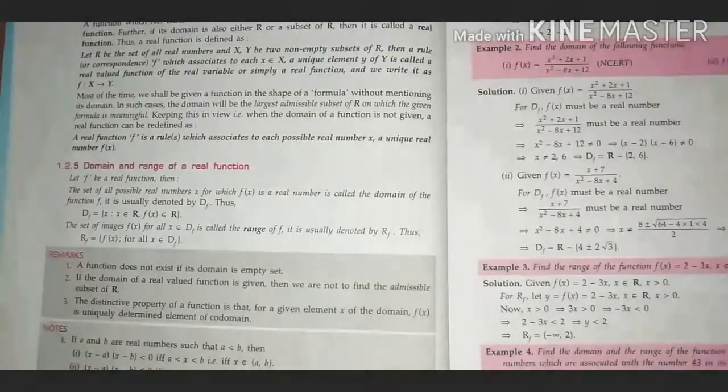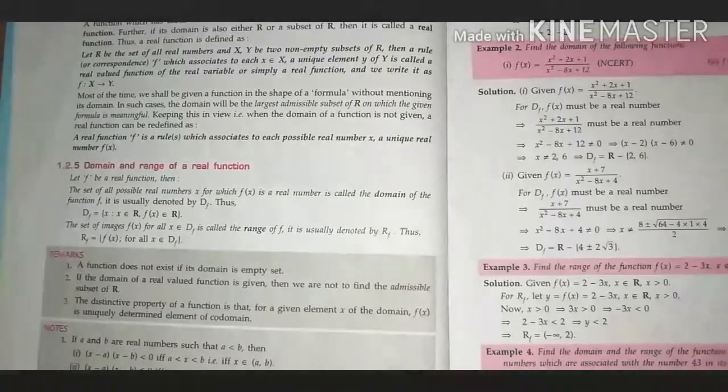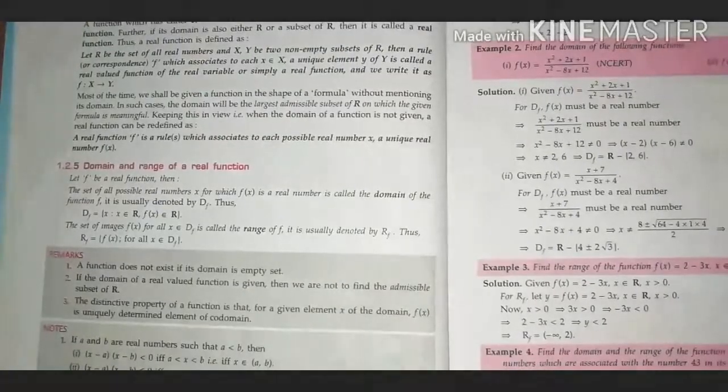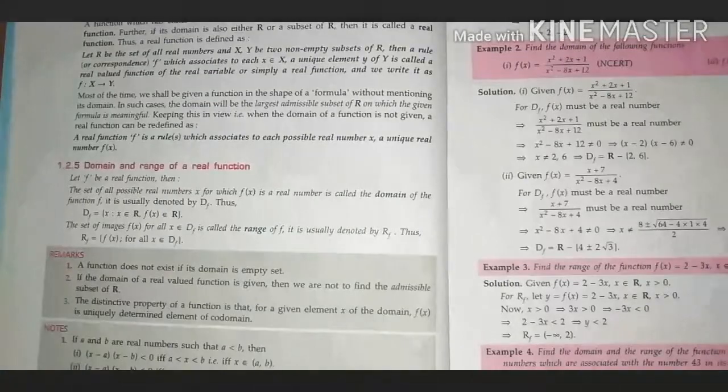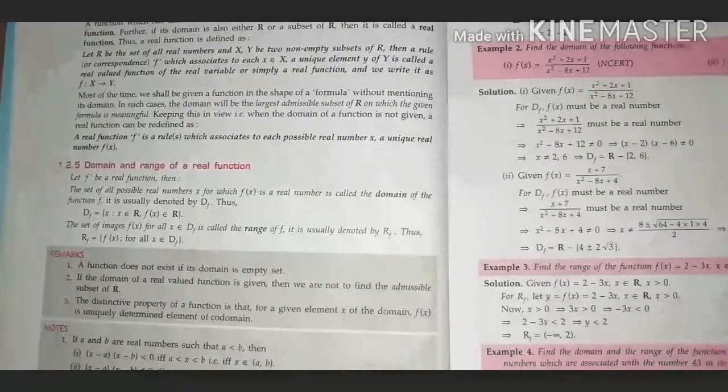Understood that one? So when we are taking one element in the first set, the condition is its image should be a real number, otherwise we cannot consider that x belongs to the domain of f.